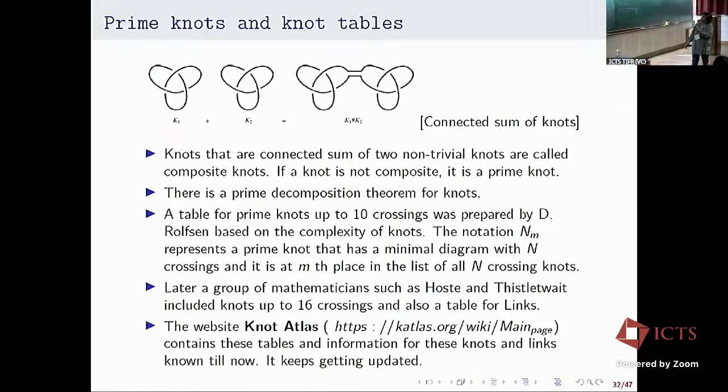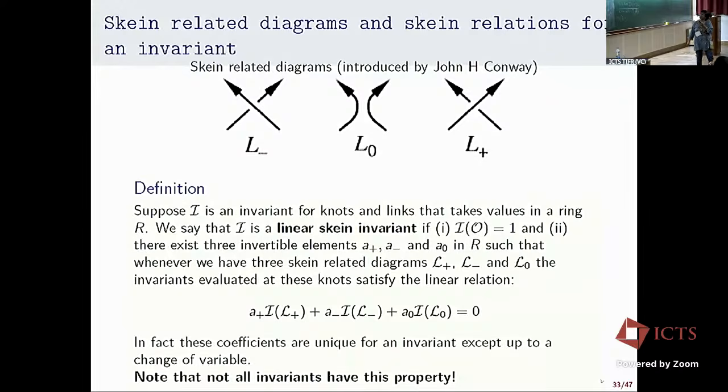So these two operations reduce the complexity. I'm skipping this also. So now suppose I have 3 diagrams. I'm trying to develop how we can compute an invariant. My 3 diagrams are identical everywhere except at one crossing. At that crossing, one of them has a positive, another one has a negative.